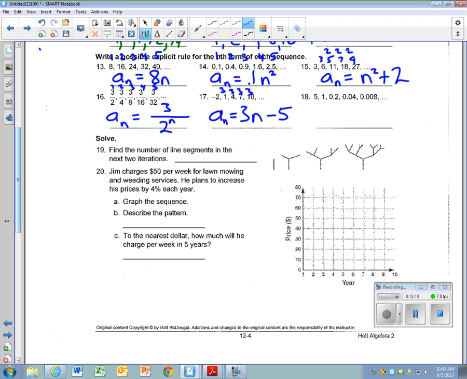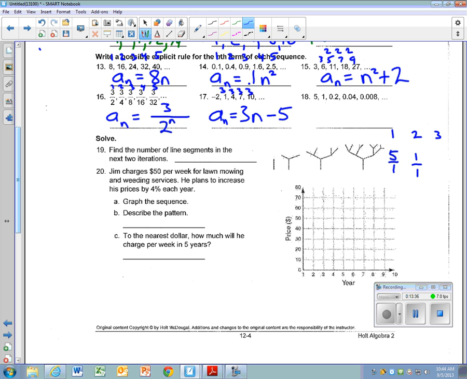You want to try the last one? All right. So when I look at this one, I like to write them as fractions instead. So watch how I do this. My first term is 5 over 1. My second term is 1 over 1.